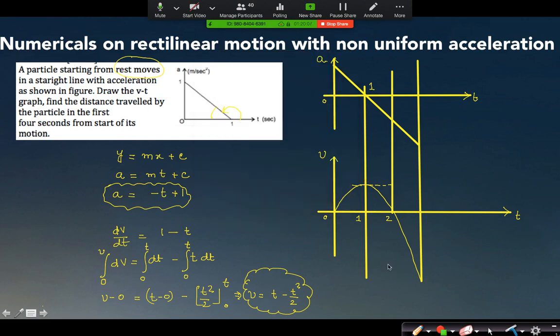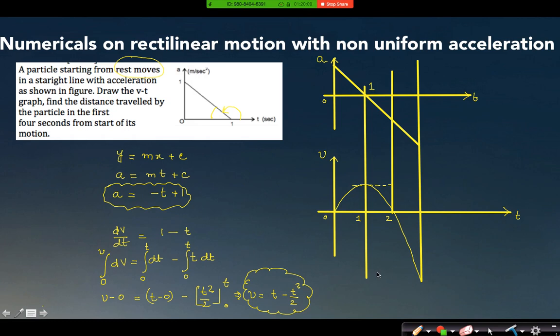Okay. Now look, okay, good. Now tell me one question that is not here. I will give you that question. Can you tell me the time interval between 0 to 4 seconds when the particle retards?